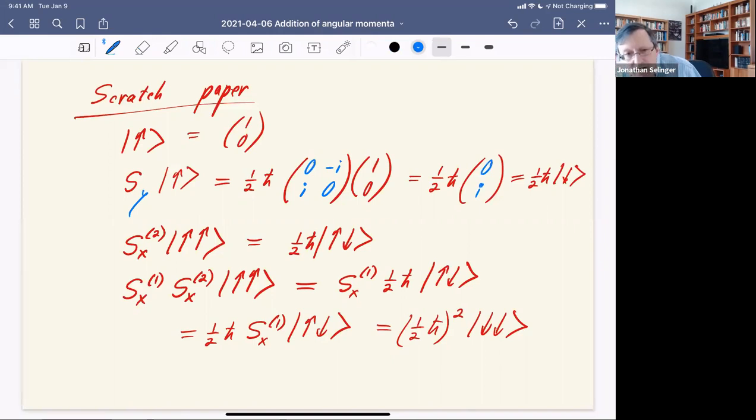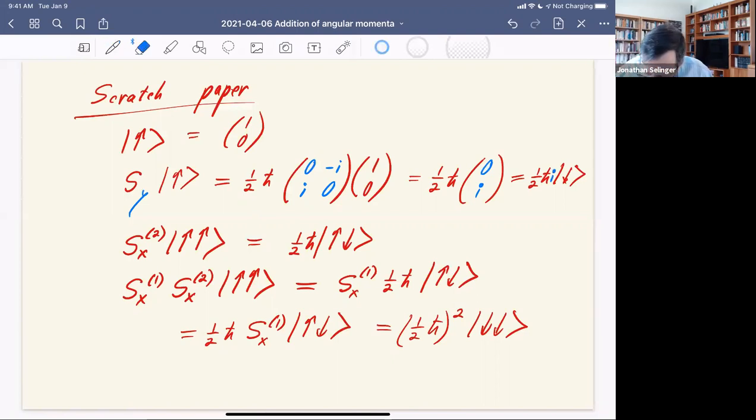So that's i. So this gives us a half h bar times i times the down state. So the Sy operator acting on the up state gives us a half h bar i times the down state.